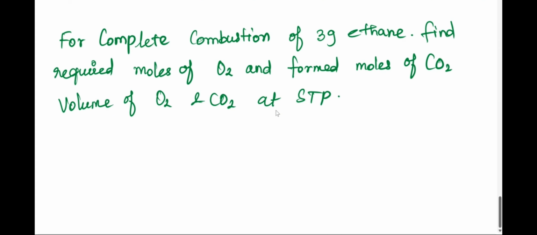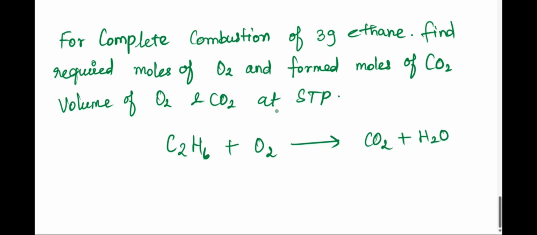Okay, what is a combustion reaction? Combustion is burning of hydrocarbons to give carbon dioxide and water, right? Very high temperature heating. So the reaction for ethane will be C2H6 plus O2, undergoing the reaction to form CO2 plus H2O.